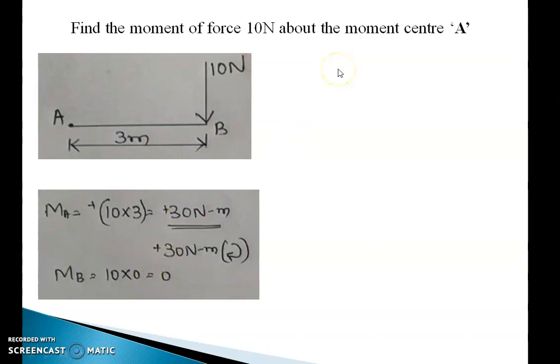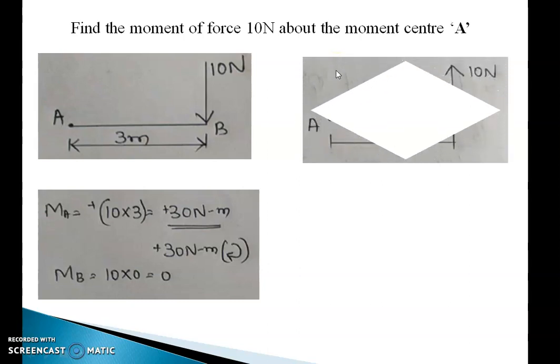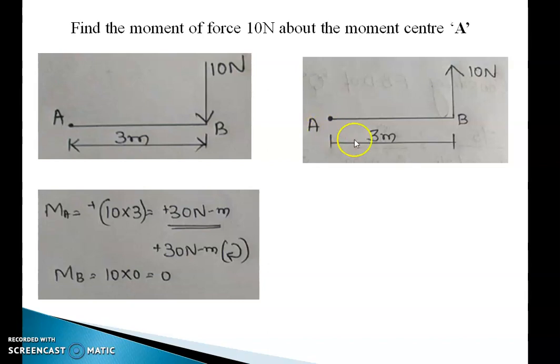Now I will take the same problem. Here the difference is, again A is my moment center, and 3 meter is the distance between A and B, but the force acts in the vertically upward direction, same 10 Newton. Again the moment about A is 10 into 3 because the force is vertical and the perpendicular horizontal distance is 3 meter.